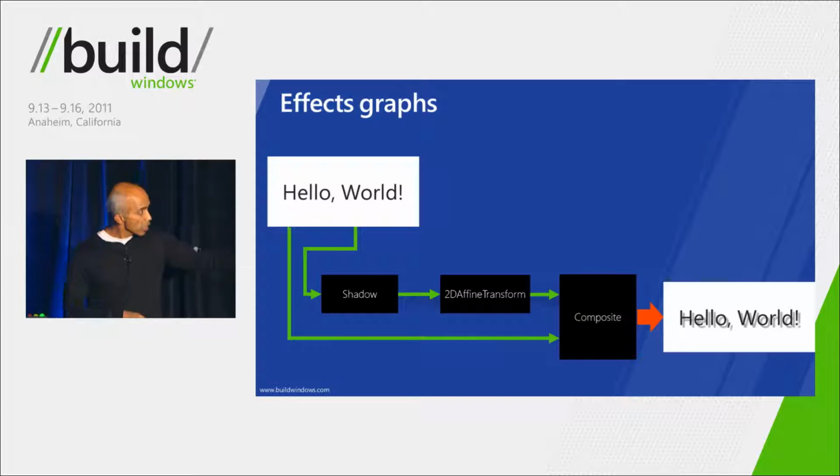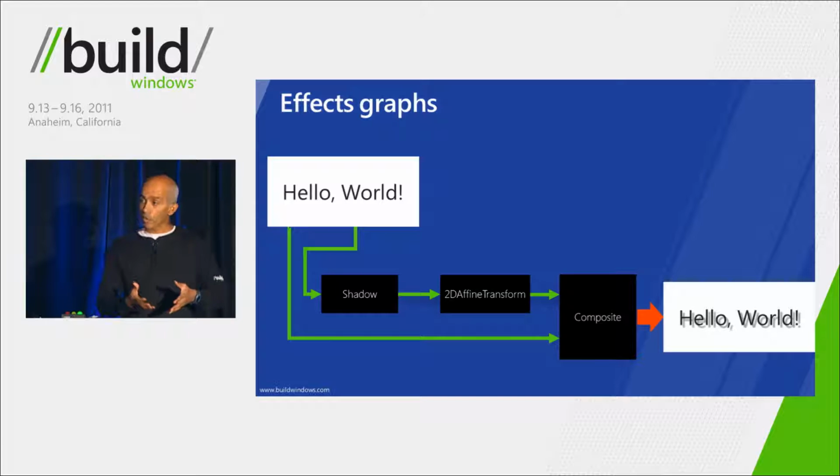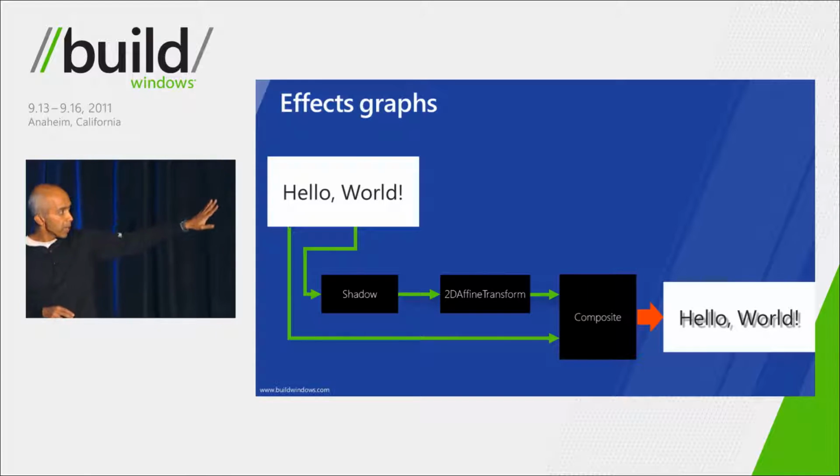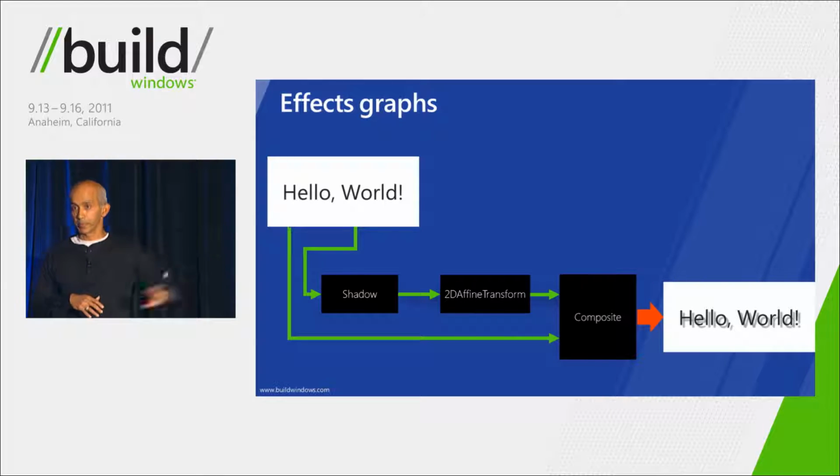Here, the shadow effect is taking the original bitmap and creating a blurred shadow outline. Then the affine transform is there to take the output of the shadow effect and offset the pixels by whatever the desired amount is. And then finally, the composite effect takes the original bitmap and the output of the affine transform effect and composites and renders the final output.